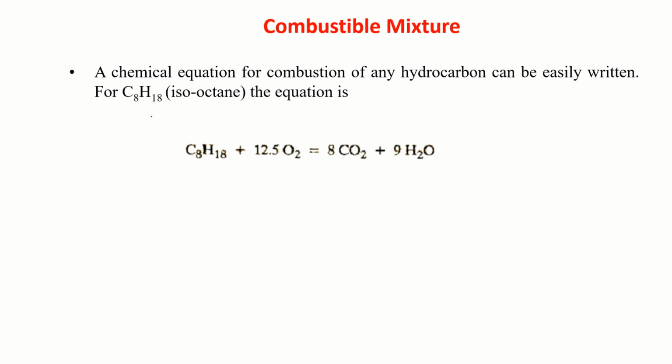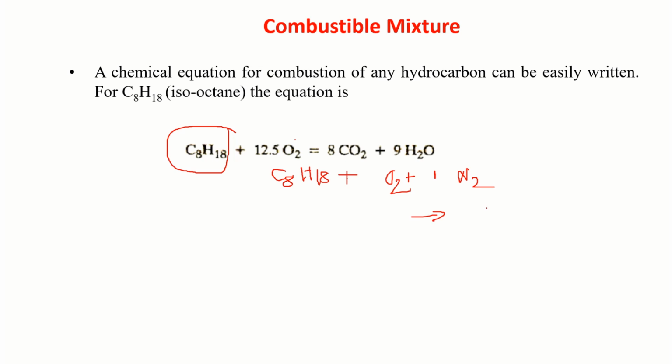Now in an SI engine, the fuel that we use is C8H18. If I write this equation, C8H18 is burned with oxygen. When I supply air, I cannot supply pure oxygen, so along with it I supply nitrogen.